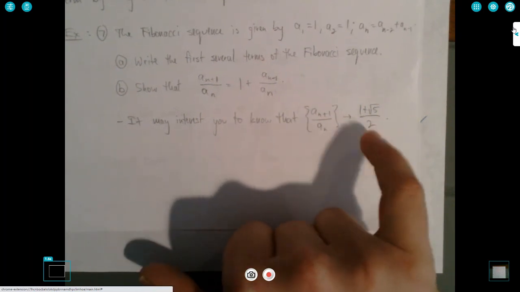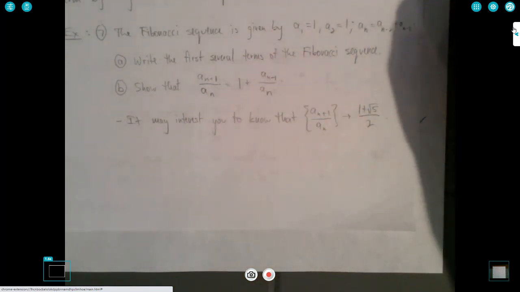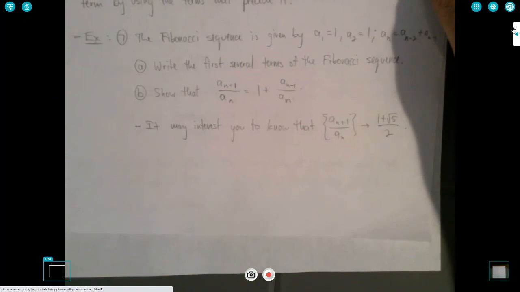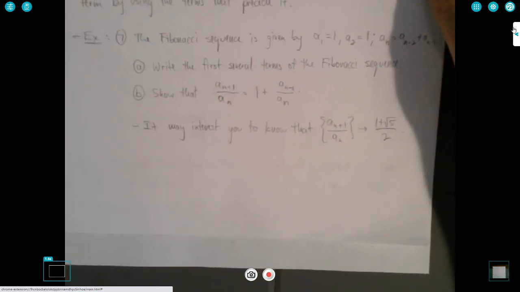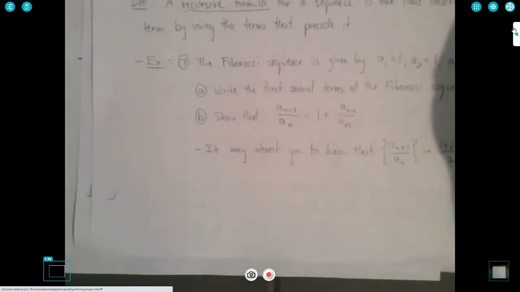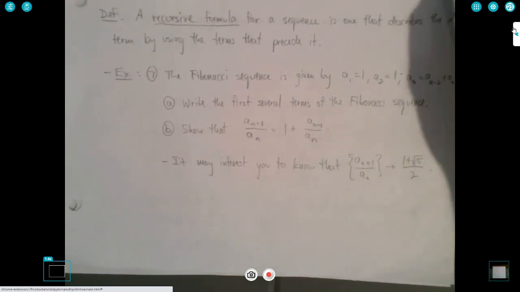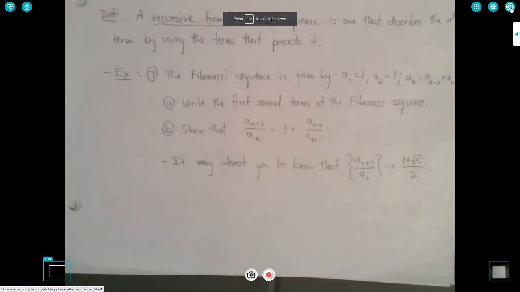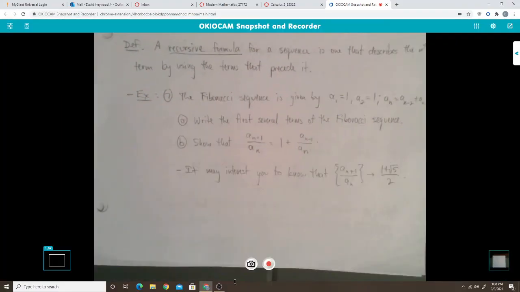This is called the golden ratio, and it appears in all kinds of things in nature. You should do a Google search for Fibonacci sequence, and all kinds of cool things will come up. But that's all I'm going to say about this for now. So yeah, we'll check in with you next time.